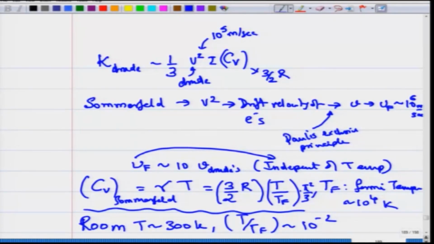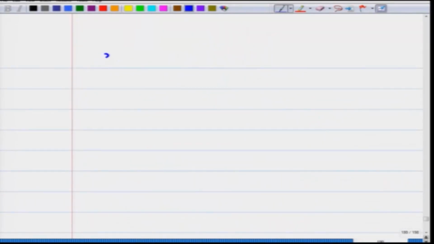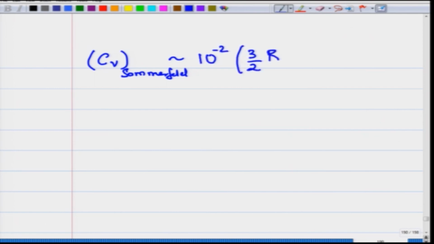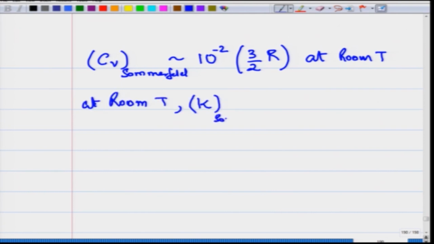So, if you take pi square by 3 into T by Tf, you will get a number for Cv from Sommerfeld's model that would be of the order of 10 raised to minus 2 into 3 by 2 R. This is of course at room temperatures.